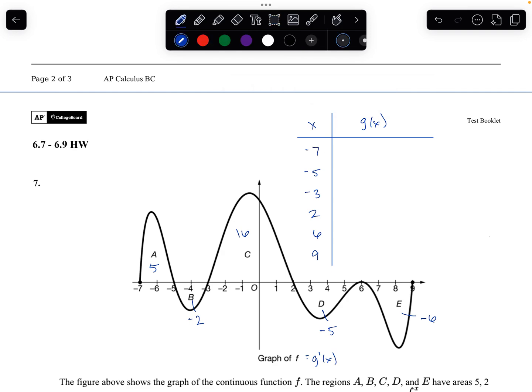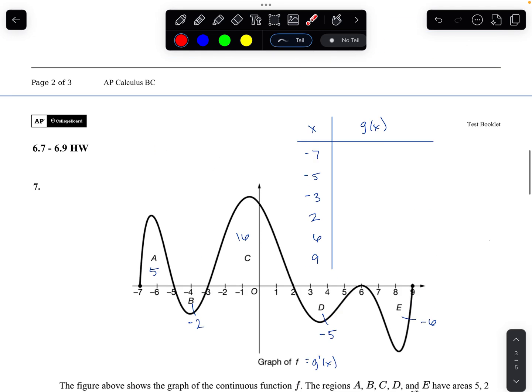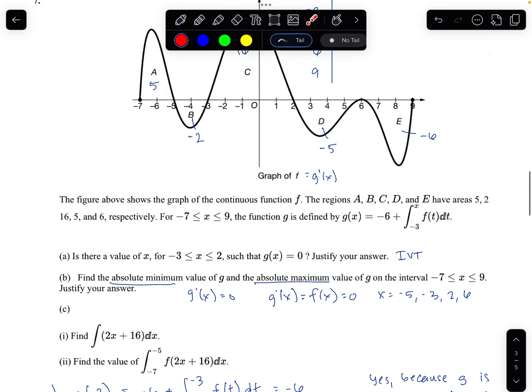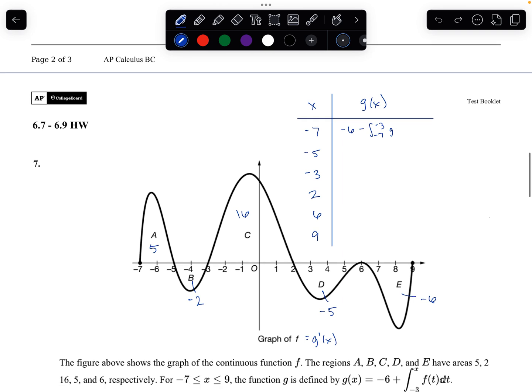So, g of -7. Let's plug in -7 here. So, -6 plus the integral from -3 to -7. I'm going to flip those to be -7 to -3 and change that to minus. So minus the integral from -7 to -3 of f of t dt.